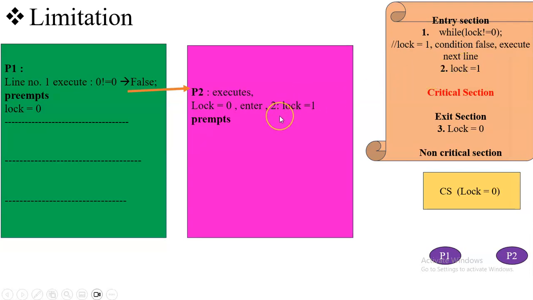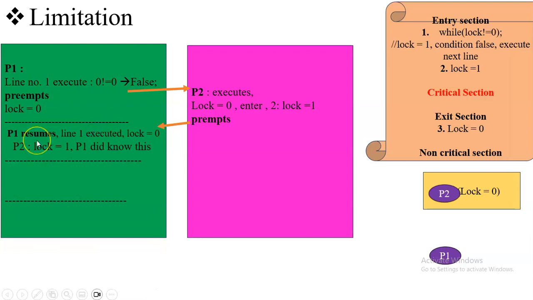Now the value of lock is 1. So now P2 has entered into the critical section. Again, P2 preempts and comes back to P1. P1 resumes its operation from wherever it stopped earlier. So earlier it had the value of lock equal to 0, but P2 has made it 1.